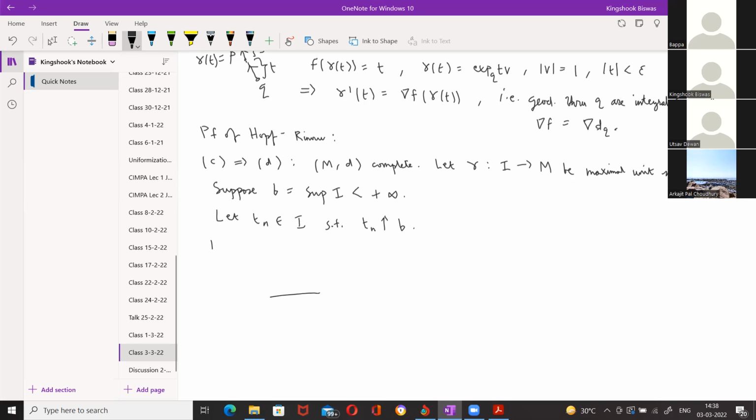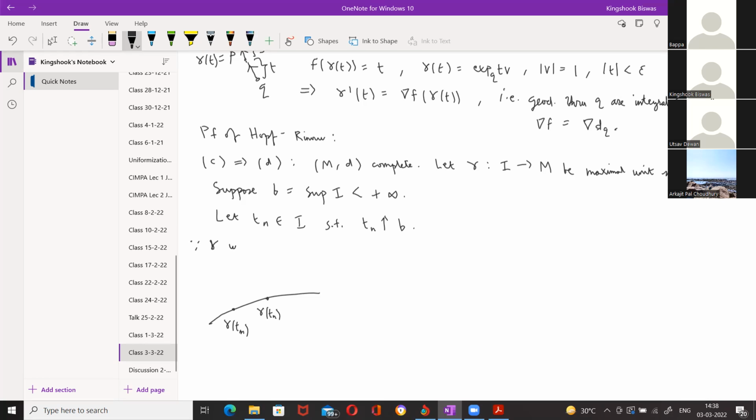So I'll just draw you the picture. So here is gamma Tn and gamma Tm. Okay. So because gamma is unit speed, the length of this segment is at most the absolute value of Tn minus Tm, right?